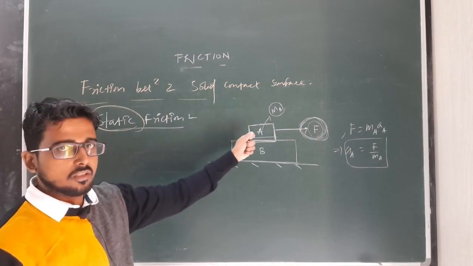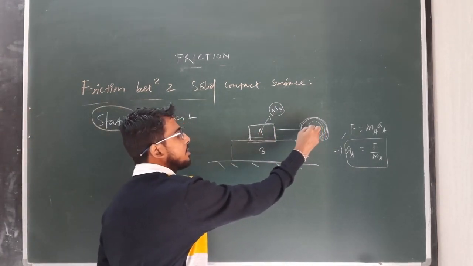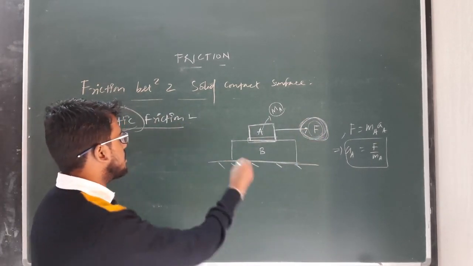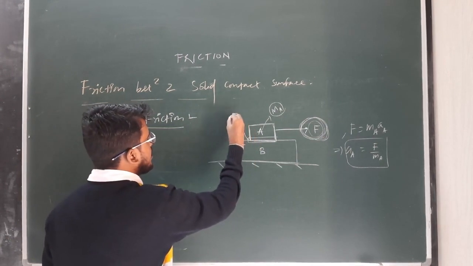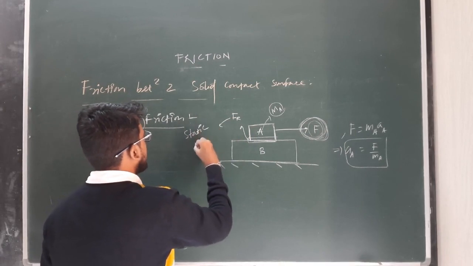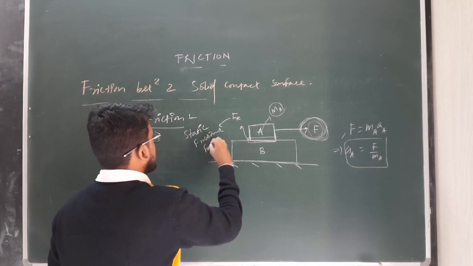Then the force which opposes the effect of this external force is frictional force, and that frictional force, here Fr, is called static friction.